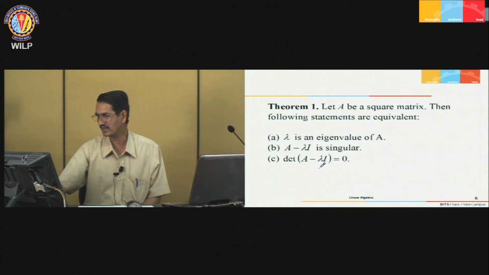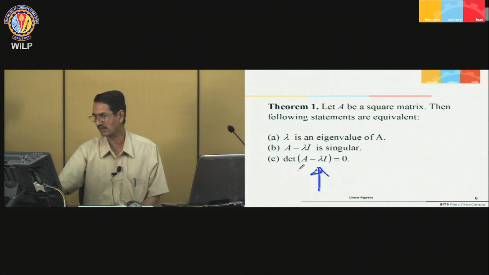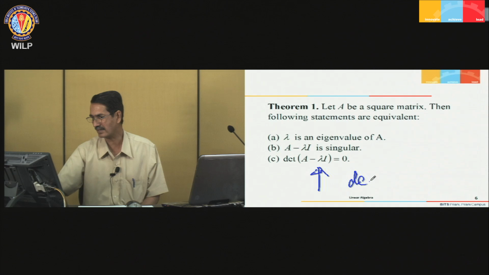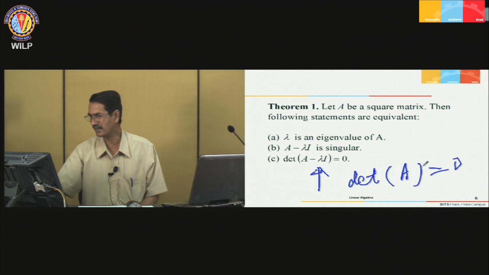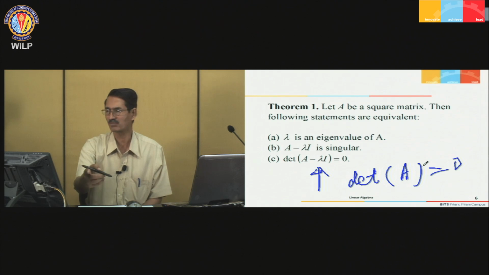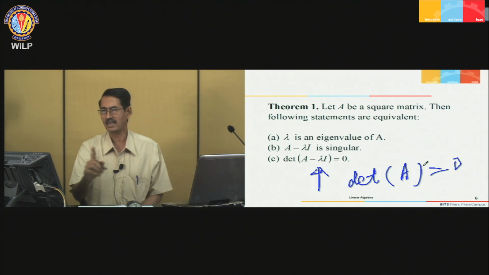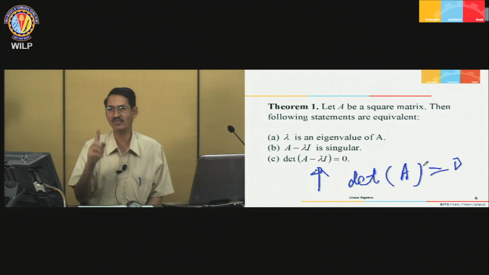The moment we put lambda equals 0, as an eigenvalue of A, we get that determinant of A is equal to 0. And what is the meaning of determinant of A being 0? It means A is singular. So, lambda equals 0 is an eigenvalue of A if and only if A is a singular matrix.